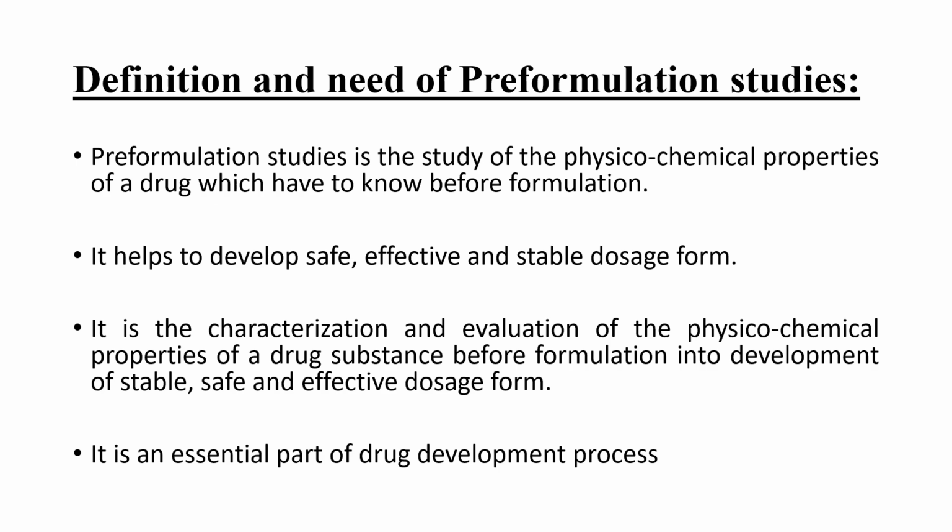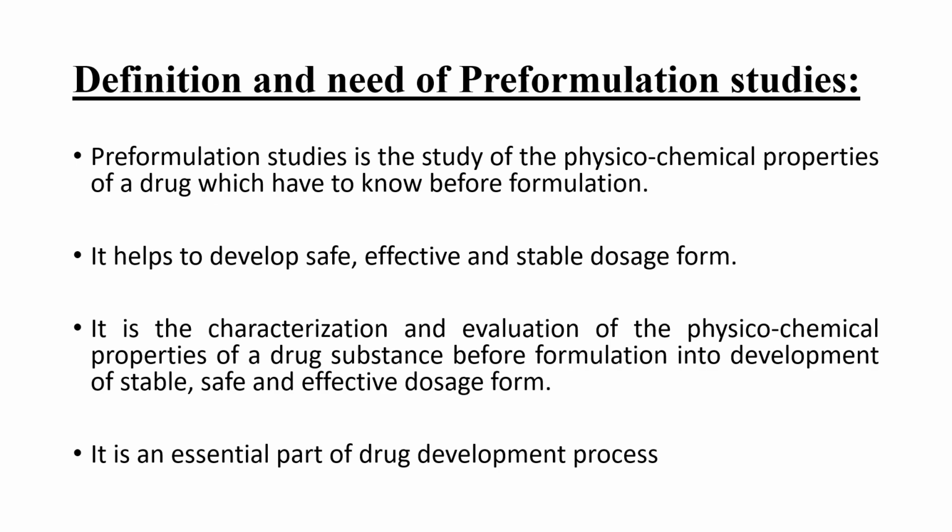That is, when we do any formulation, before that we have to know the compatibilities of the API with the excipients, or whether the excipients we are using are suitable for the formulation or not. Also, sometimes we have to know the chemical properties, that is the solubility and the physical state of the drug, meaning the API, and in which condition it can be favorable, and so on.